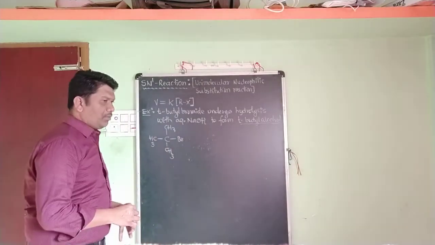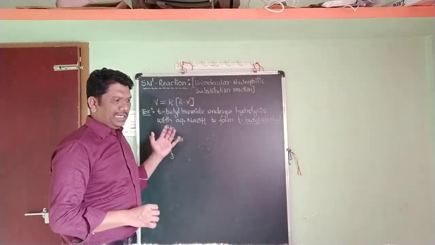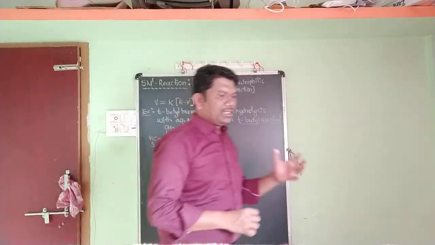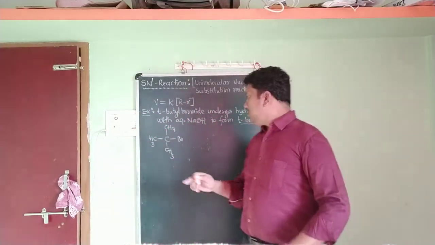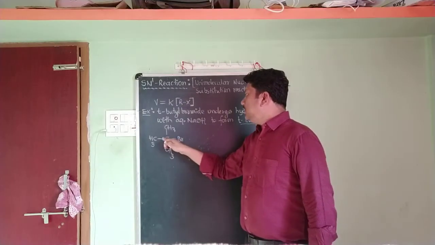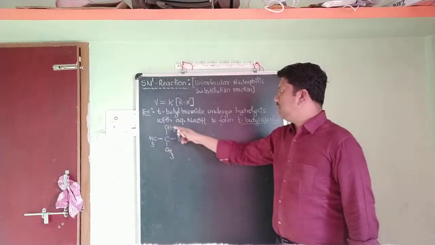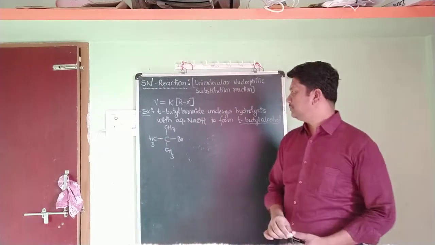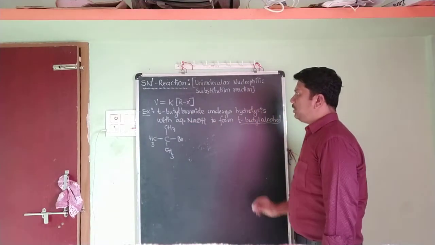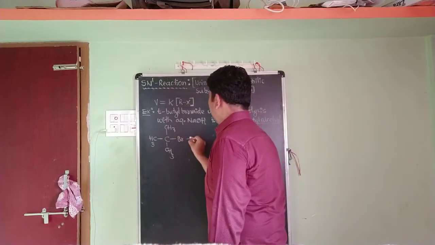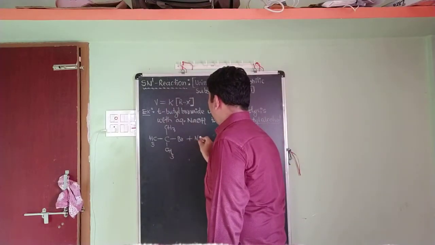This is called tertiary butyl bromide. What are tertiary alkyl halides? These are the alkyl halides in which the halogen atom is attached to a tertiary carbon atom. Therefore, it is called tertiary butyl bromide. This tertiary butyl bromide undergoes hydrolysis with aqueous NaOH.